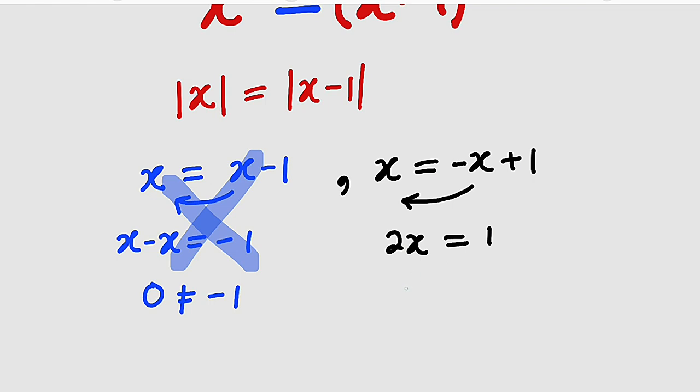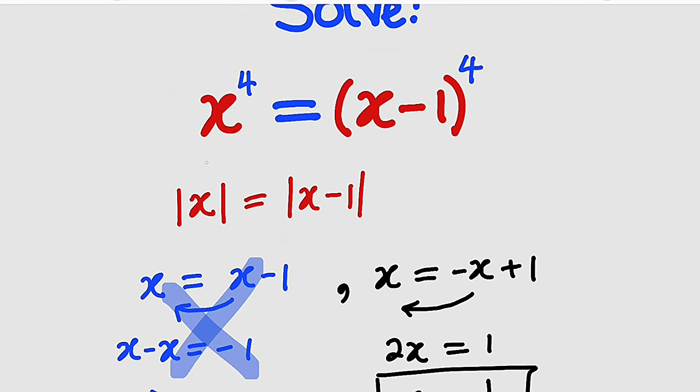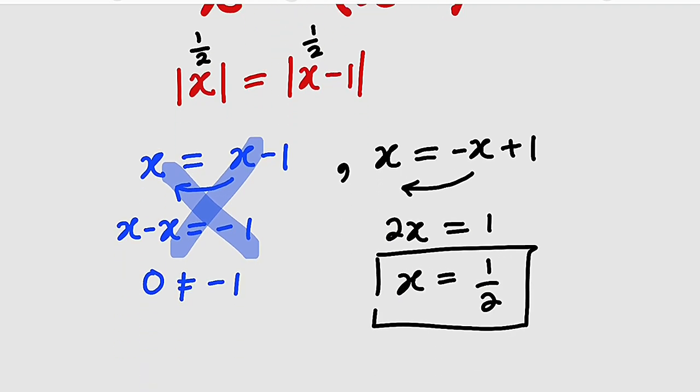Divide both sides by 2. x will be equal to 1 divided by 2. And you have to test whether this is true. If x is 1 divided by 2, the absolute value of 1 divided by 2 is still 1 divided by 2. 1 divided by 2 minus 1 is negative 1 divided by 2. In absolute form, it gives us positive 1 divided by 2. And hence, this statement is true.